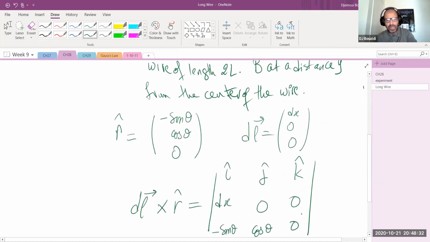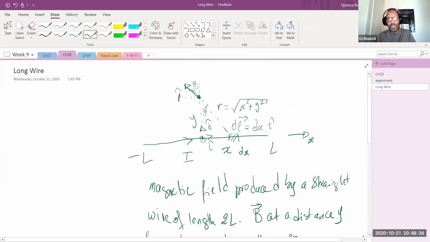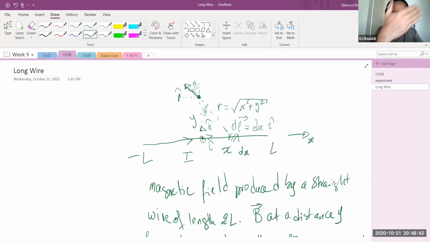So everything vanishes except the component in the k direction, the z direction. It's expected because the whole picture, with the current running on the screen, and r itself and r hat, are actually on the screen. So no matter what happens, the vector that is perpendicular to both vectors on the screen is a vector that is coming out of or going into the screen. It cannot be on the screen. It has 0 components on the screen.